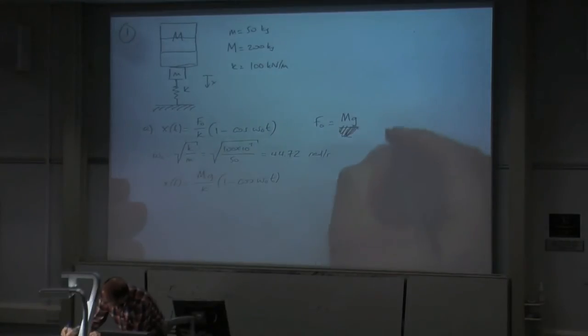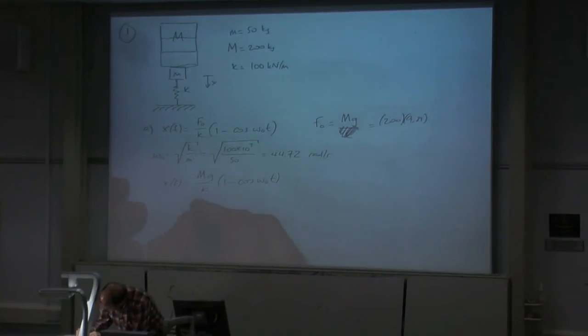Now Mg, that's going to be 200 times 9.81, divided by 100 times 10 to the 3, times 1 minus cosine of 44.72 t. And if we work this quantity out, that comes out to be 2 times 10 to the minus 3, 1 minus cosine 44.72 t.